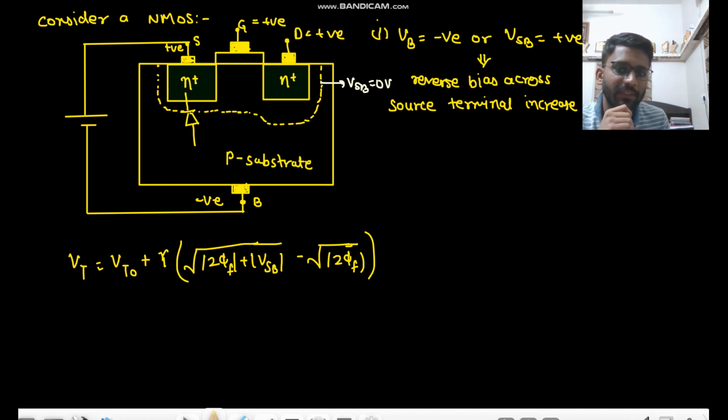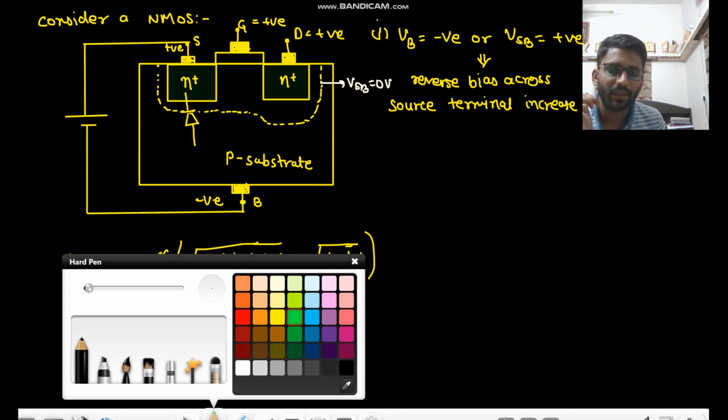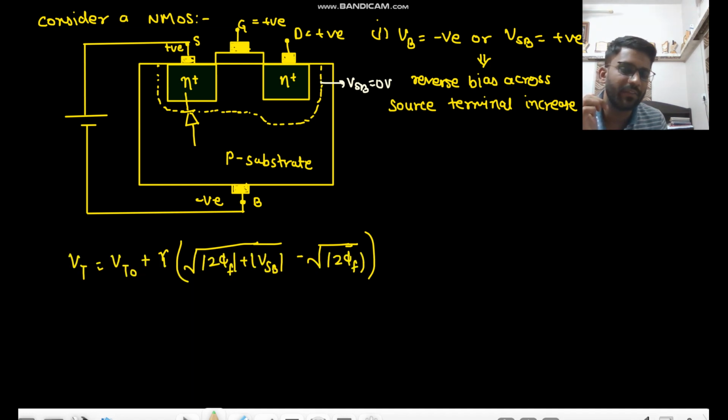When VSB was 0, the drain and gate were positive, and we had already applied the potential at the drain and gate. When VSB was 0, this was the depletion region. Now, since the reverse bias has been increased, the depletion layer will increase. This is the P substrate and this is the N plus region.